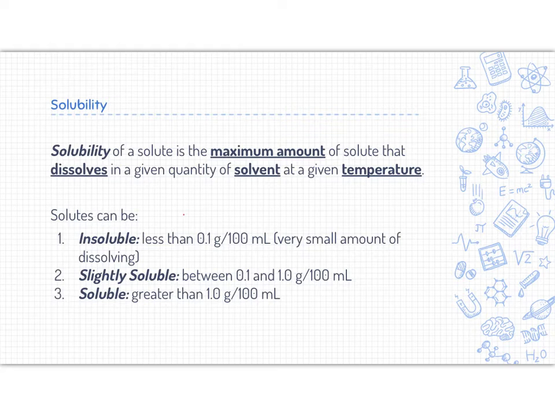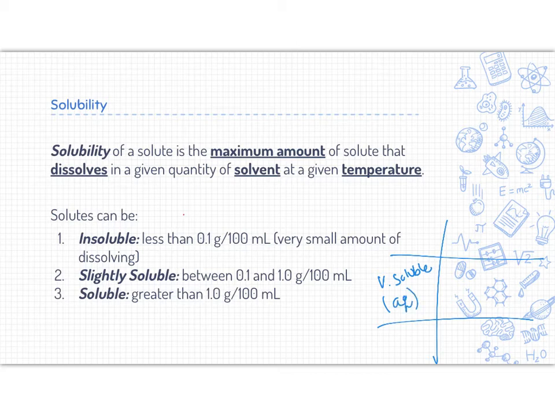What you need to know is on the back of your periodic table, things are listed as very soluble or slightly soluble in our solubility table. Okay, so we have very soluble, which when placed in water, that means those things are going to be aqueous.